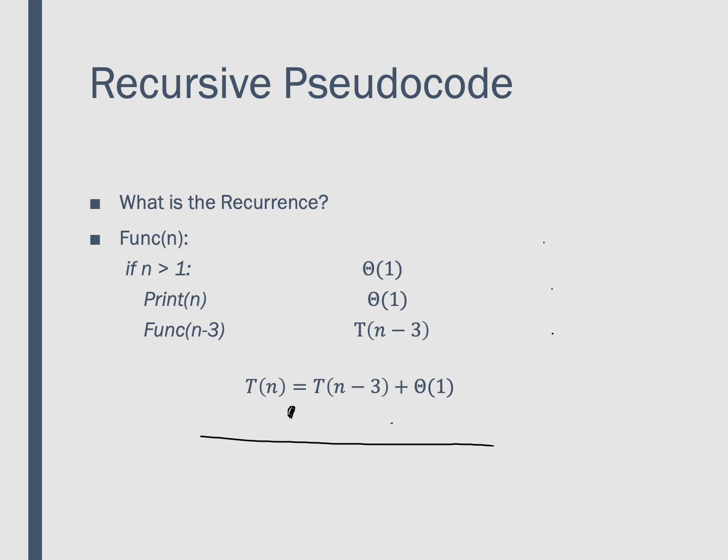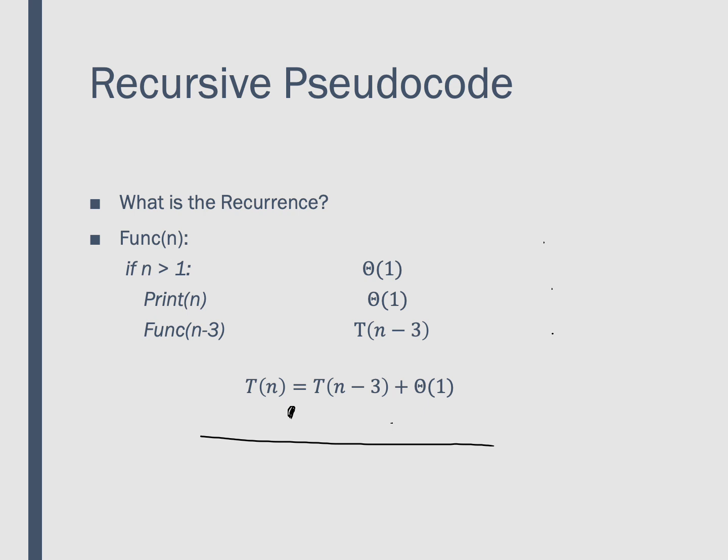First, we do the condition check: if n is greater than 1, then it proceeds with the recursion. This operation has a constant time complexity of 1. Then printing n. The print statement is also a constant time operation, 1. Then the third one is the recursive call. The function calls itself with n minus 3, which introduces the recurrence.